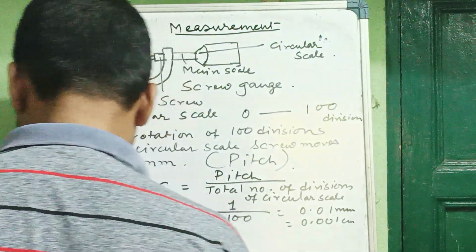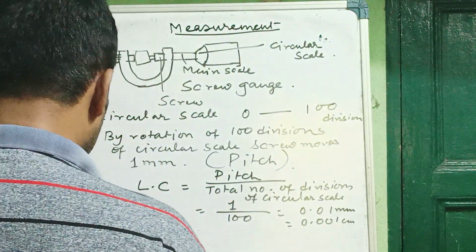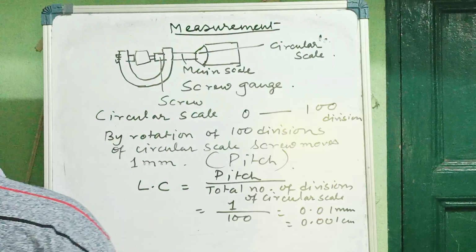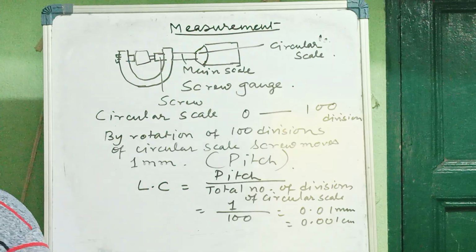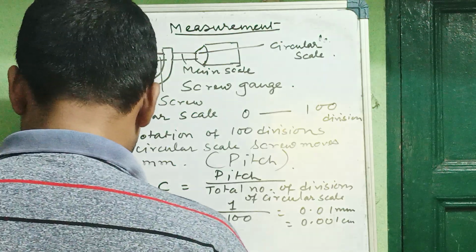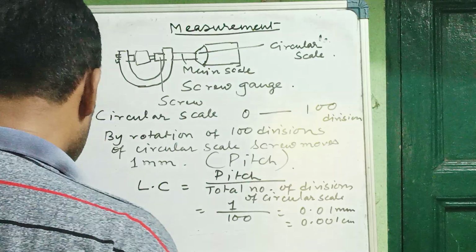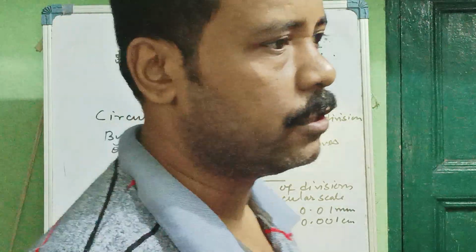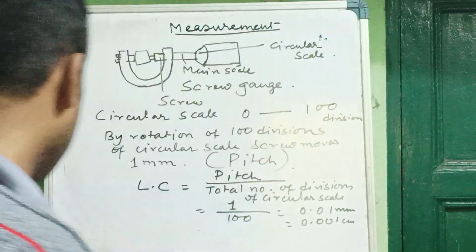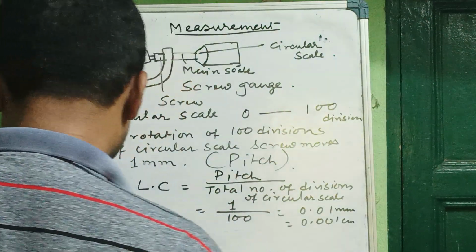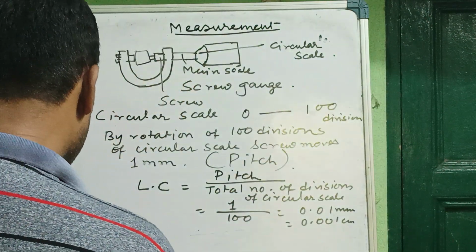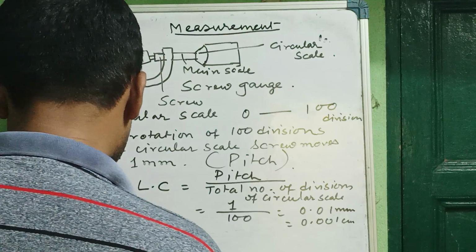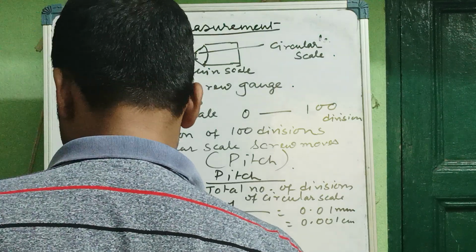Now, the difference between the Vernier caliper and the screw gauge. The Vernier caliper is used to measure the length of a rod, the diameter of a sphere, and the internal and external diameter of a hollow cylinder. The screw gauge is a precision measuring tool used to measure the diameter of thin wires.